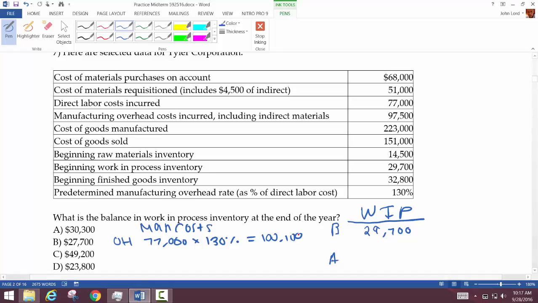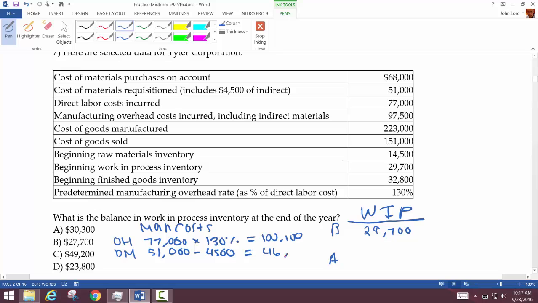Okay, then what? Then we're going to go ahead and pick up what? Direct material, direct labor. Okay, so you got some direct materials up there. So that's 51,000 minus 4,500. Good. 51,000 minus 4,500 because the problem told us that 4,500 of it was indirect, right? And we only pick up the direct because we're applying the overhead, right?